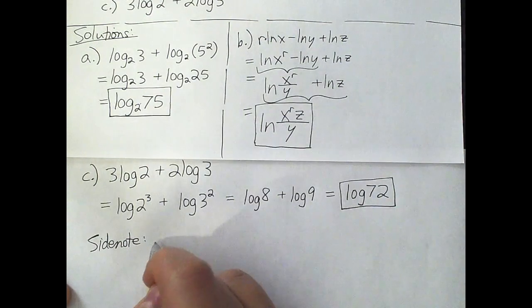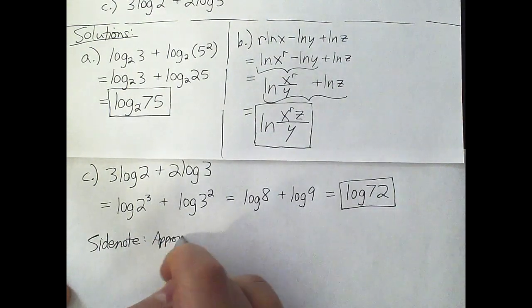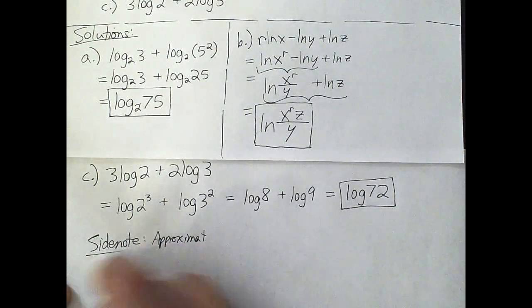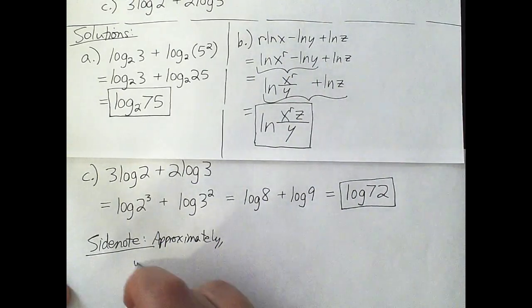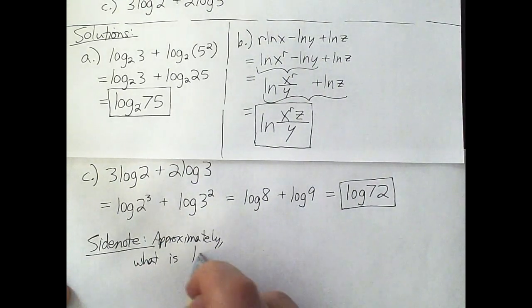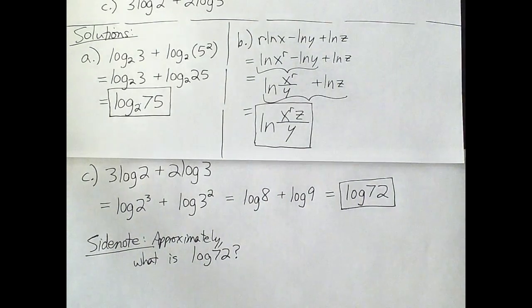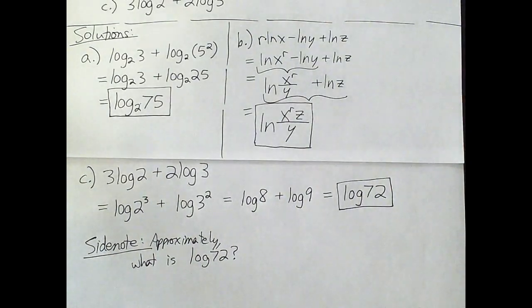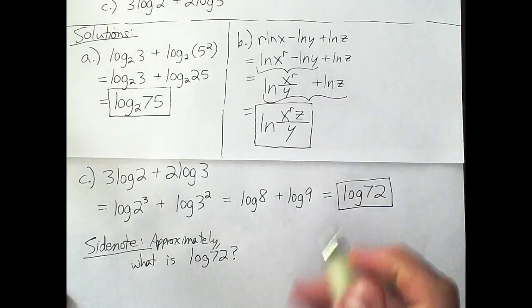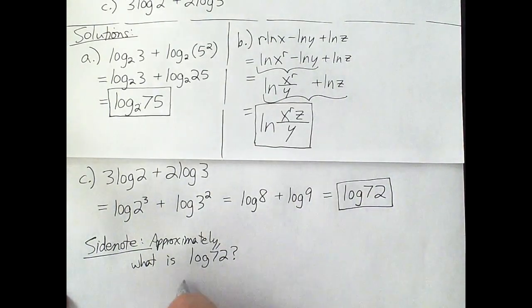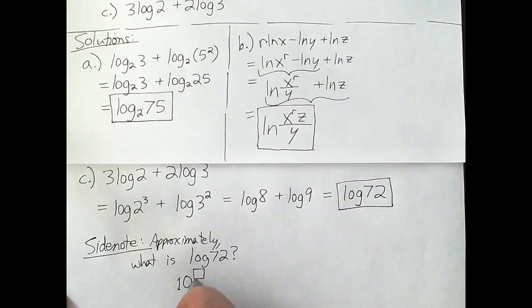Side note, approximately, what is log of 72? I'm going to do the same kind of trick that I did once before. I guess it was in the previous video. We're in base 10. So this is like saying 10 to what power equals 72, right?